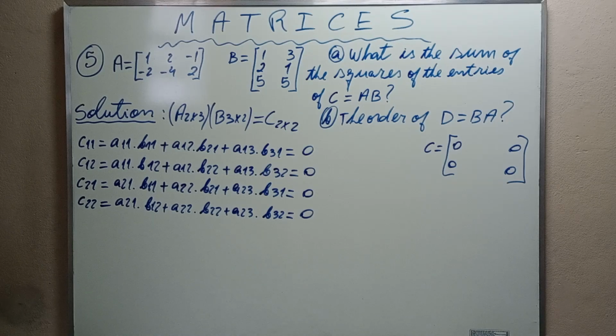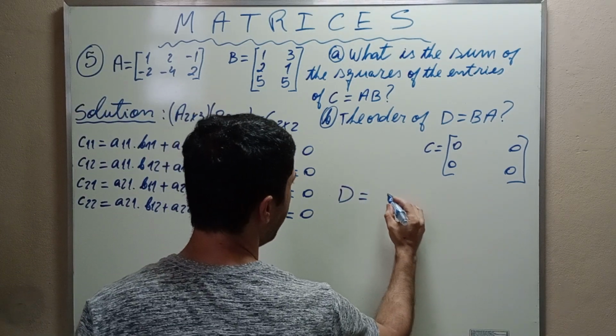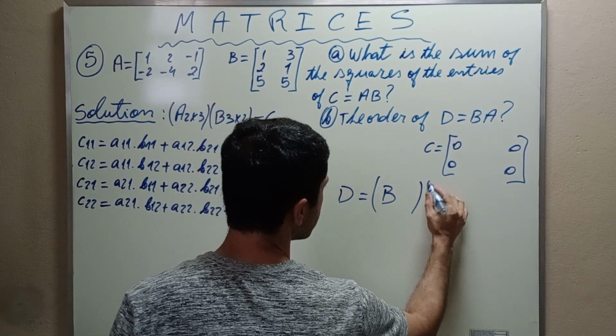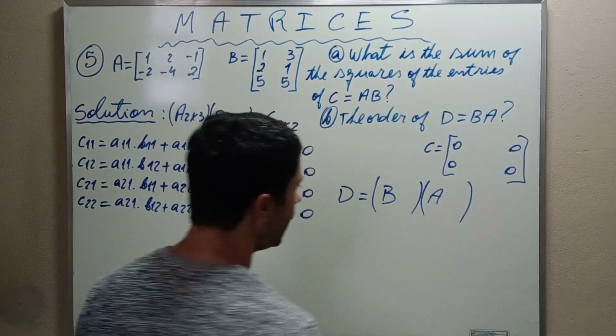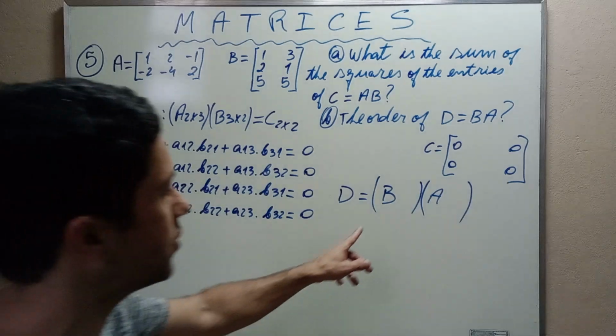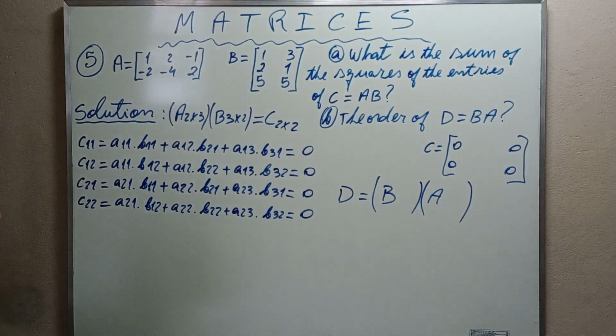Observe that for this product to be possible, the number of columns of B has to be equal to the number of rows of A. Thus, this product here is only possible if the number of columns of the first matrix is equal to the number of rows of the second matrix.